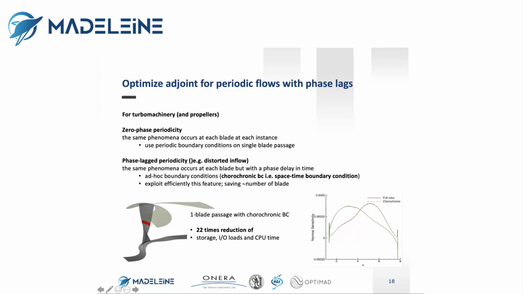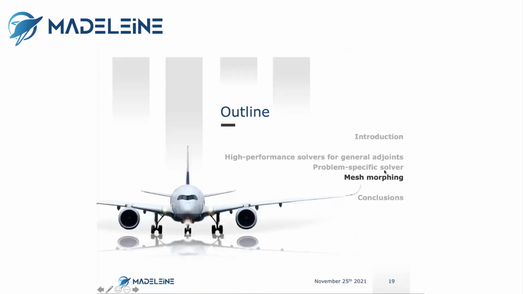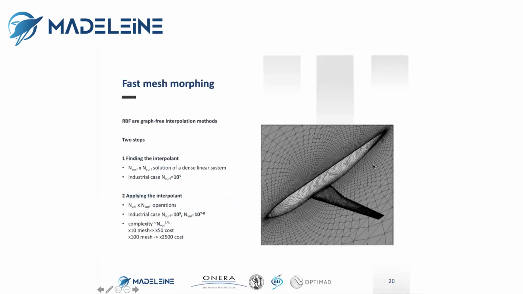The last contribution that I want to present you is related to mesh morphing, because a lot of mesh morphing technologies are based on linear solvers. And in particular, RBF, which stands for radial basis function, is one of the standard techniques today in order to perform mesh deformation, because RBFs are graph-free interpolation methods.